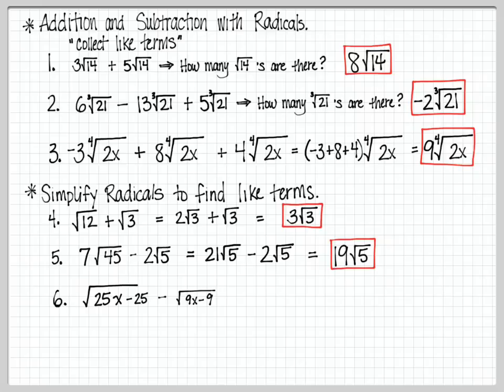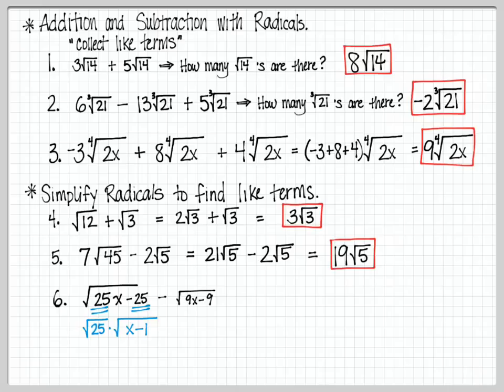In problem number 6, well, here we've got groups. I've got the square root of the group 25x minus 25. Both of those terms under that radical are divisible by 25. So I could factor out of that radical the square root of 25.